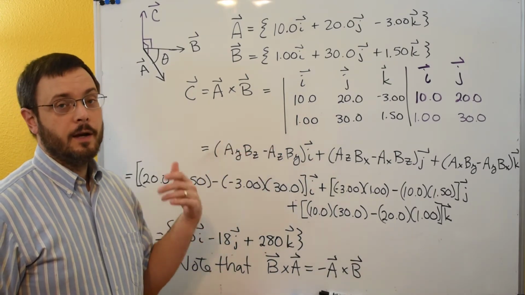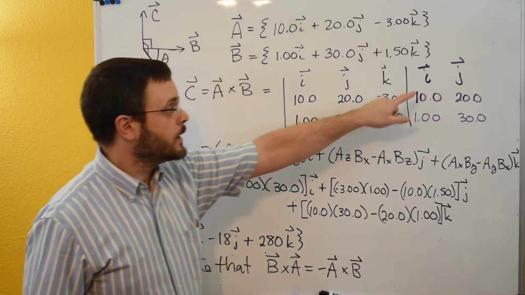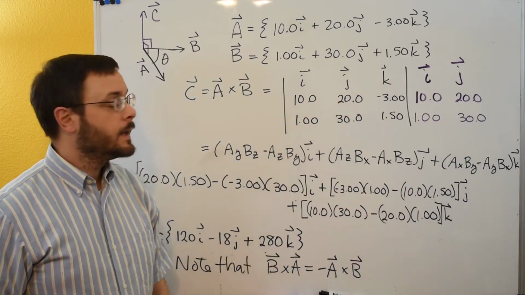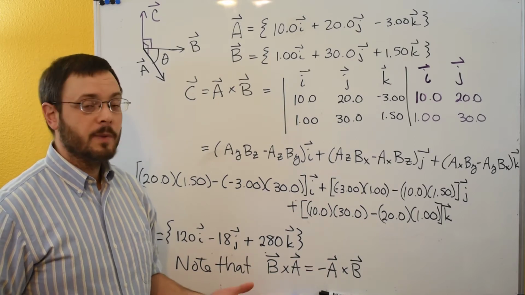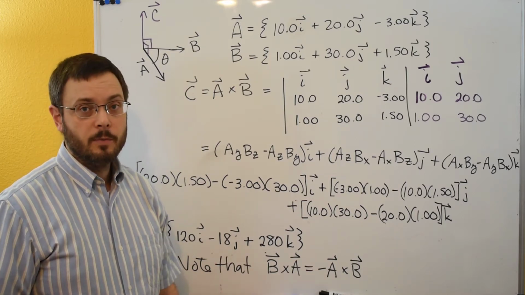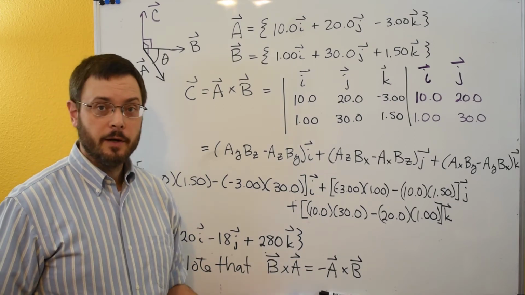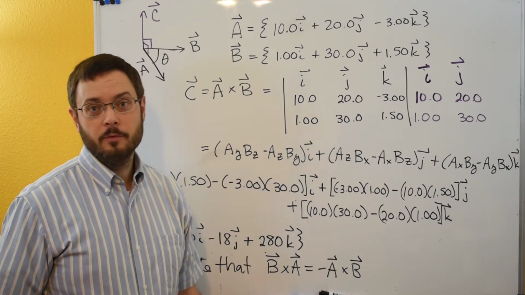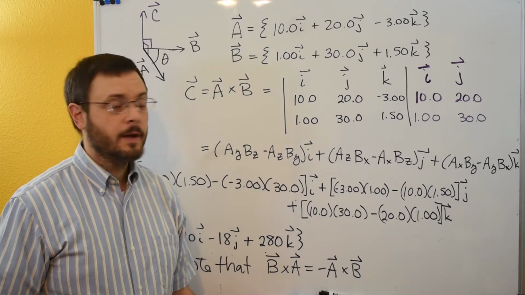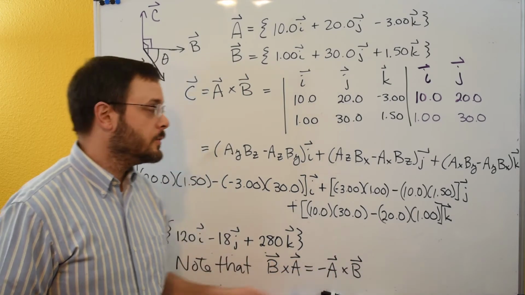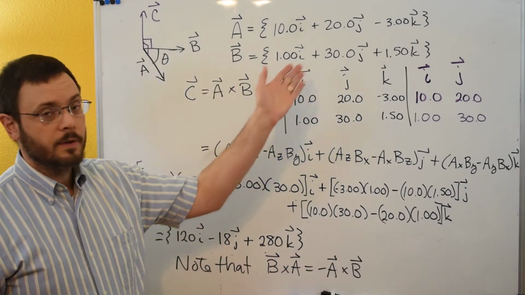Some folks feel comfortable doing a determinant like that. Some folks feel more comfortable by writing the first two columns over here again. And you can use two different main methods in doing a determinant. One is a minor expansion. So if you've had linear algebra before, you probably feel comfortable doing a minor expansion. But if you've never had linear algebra before, let me show you a technique that you can use with the diagonals.